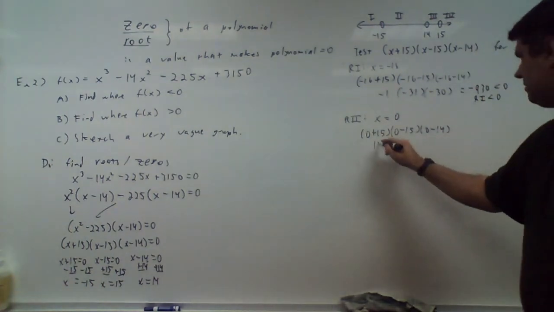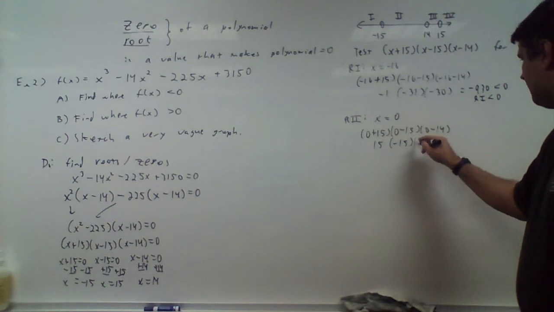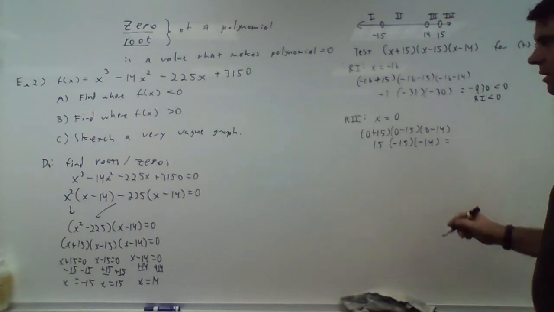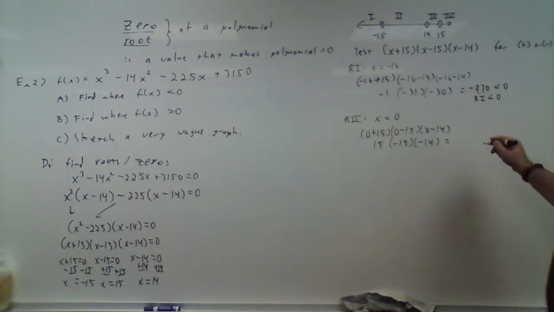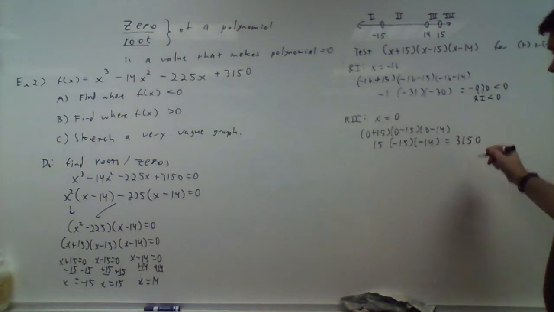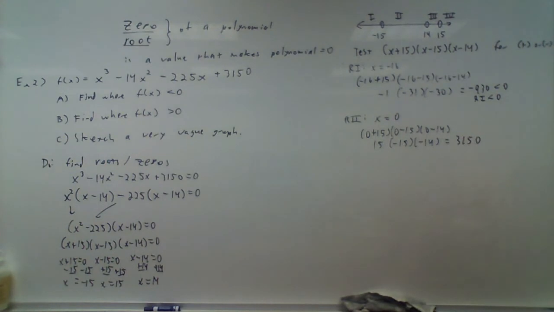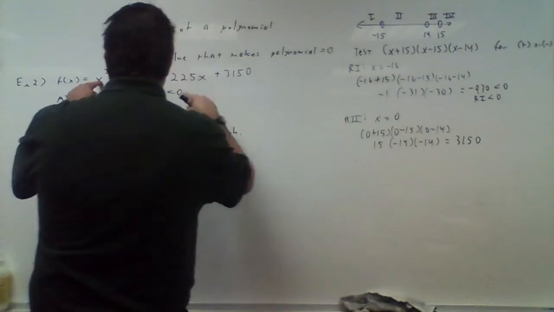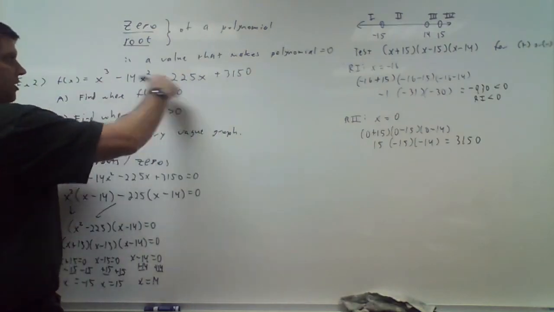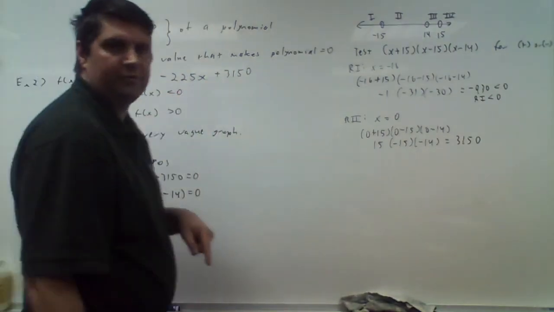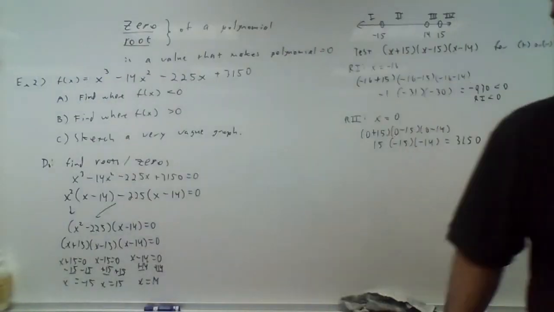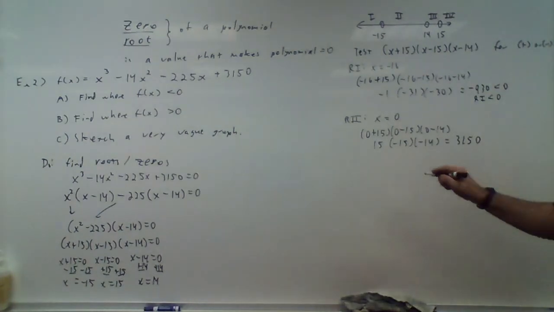Well, that's 15, that's negative 15, that's negative 14. And that's going to be 3150. The reason I knew that was because if I plug 0 into this, all these are going to be 0, leaving me 3150. Okay? You can check it with your calculator if you wish.